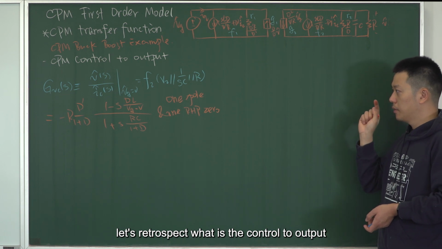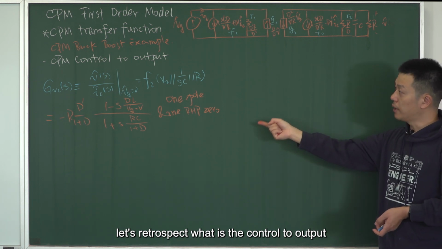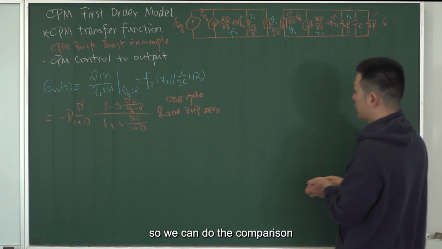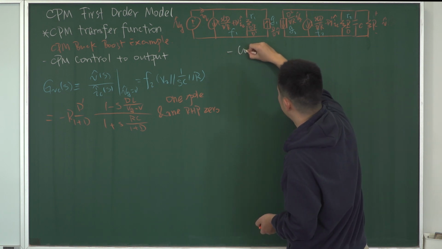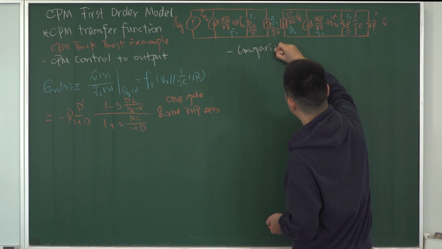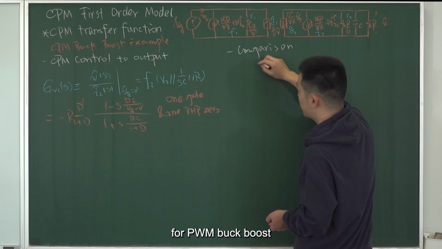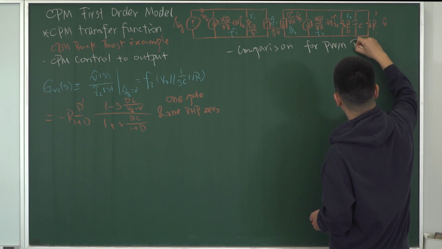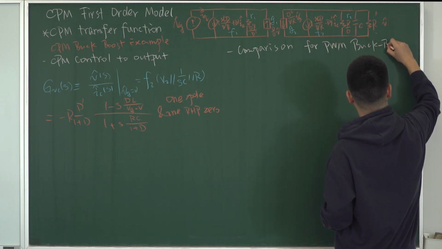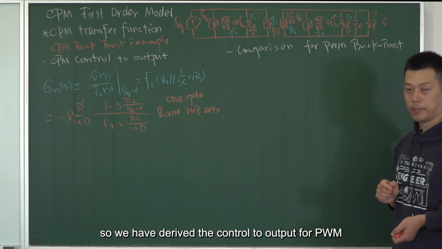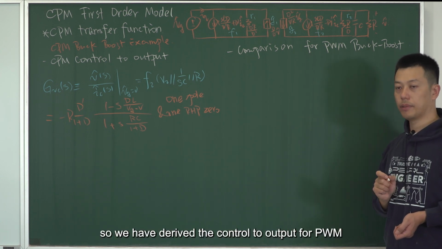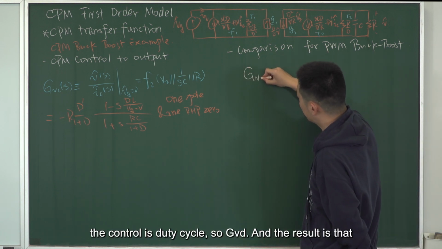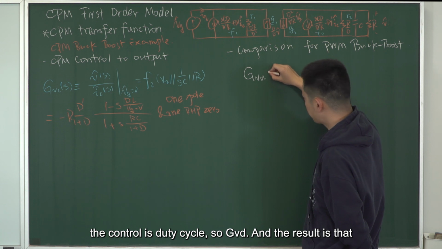In retrospect, what is the control to output transfer function for pulse width modulated buck boost? We can do the comparison. For PWM, the control is duty cycle, so GVD.